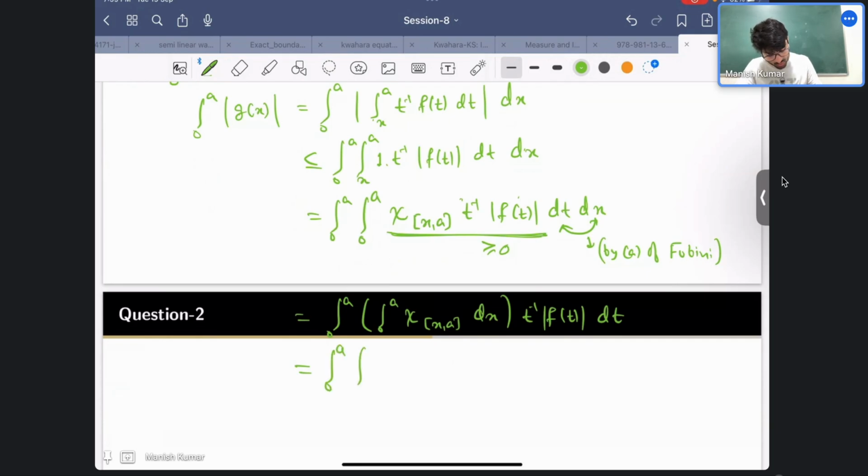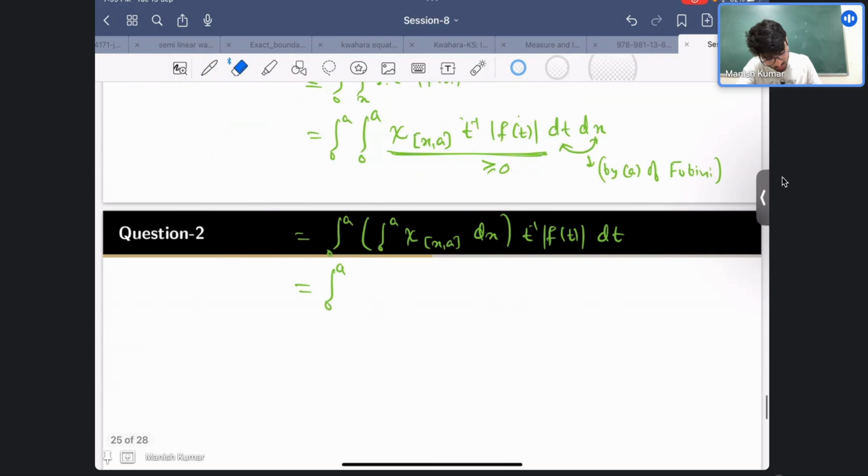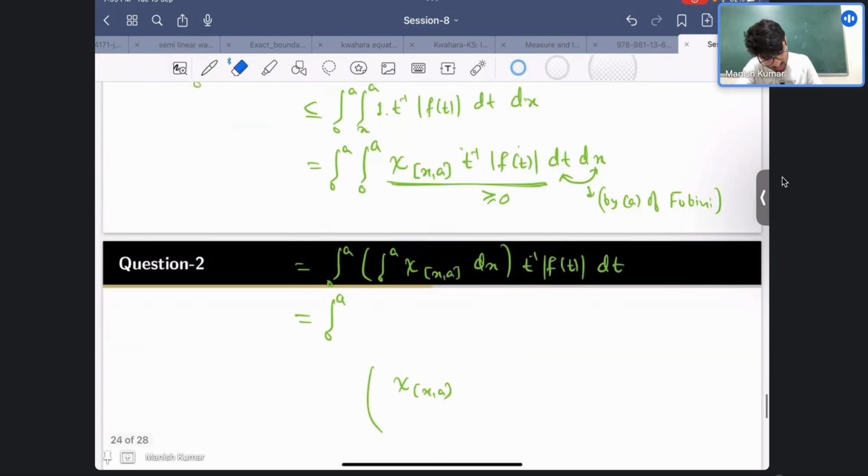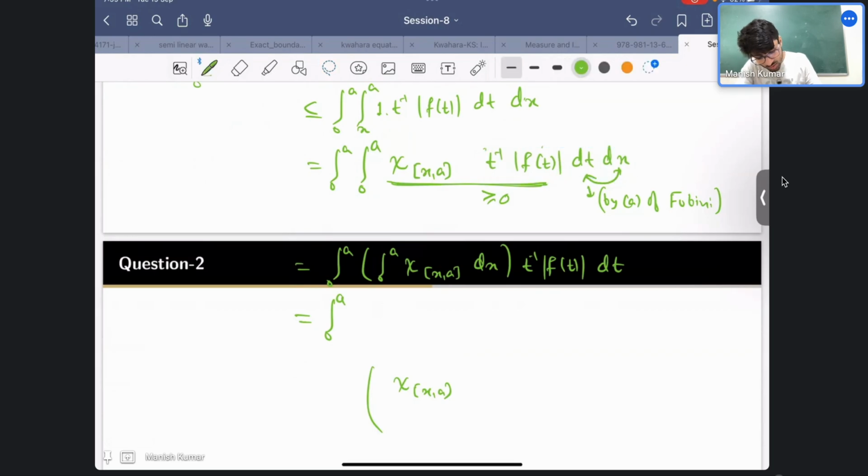Now let's check what this chi of (x, a) is. What is the definition? So this is a function of t, right? Why? Because we are integrating with respect to t. If I want to put this chi function instead of 1, I'll have to take it as a function of t.